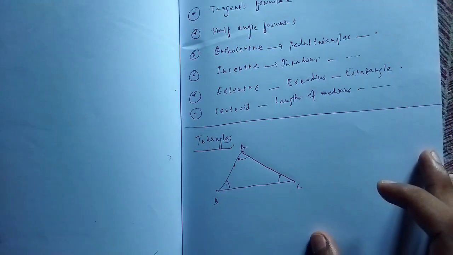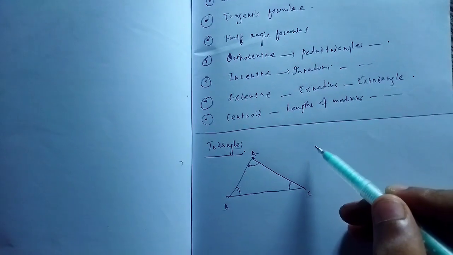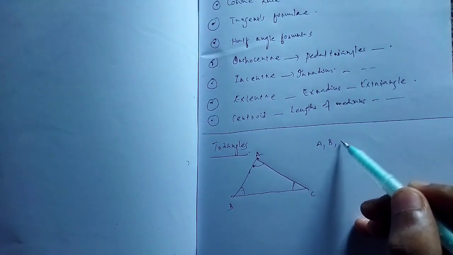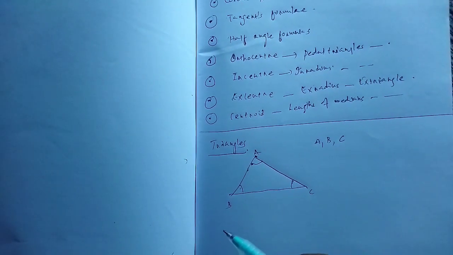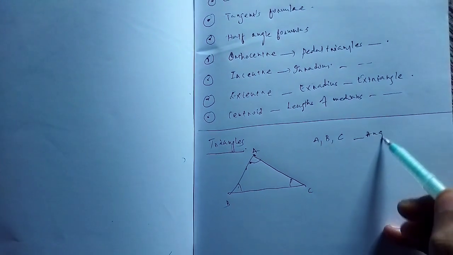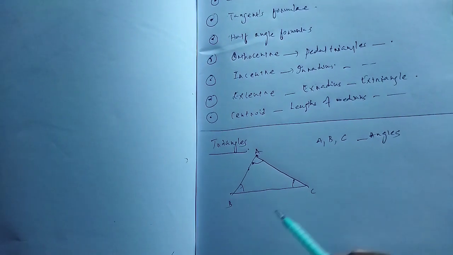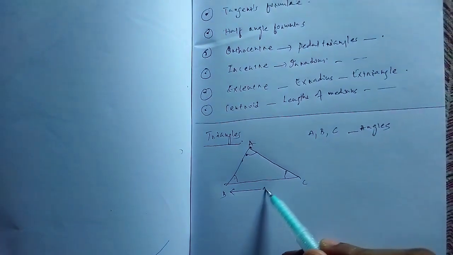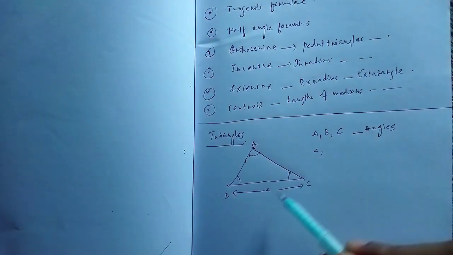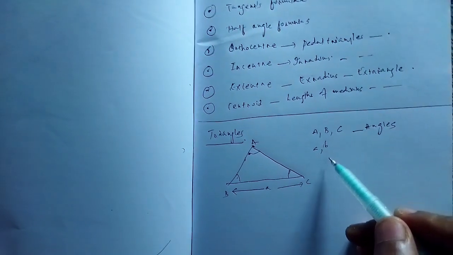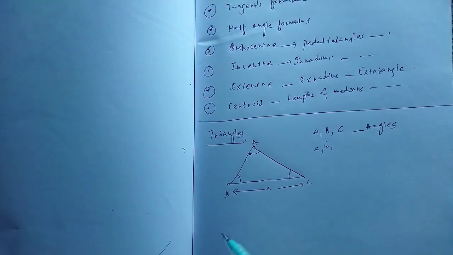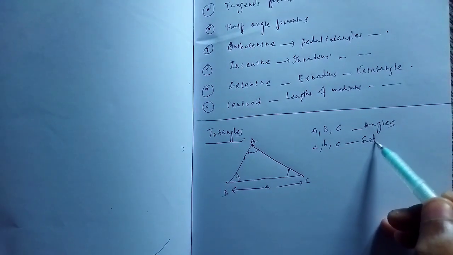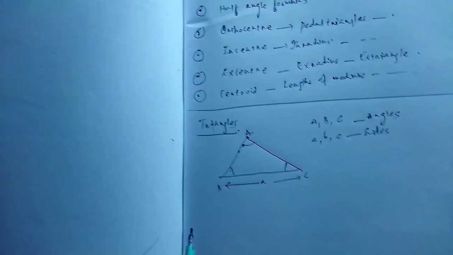So in general, those angles are denoted in capital letters as capital A, B, C, and the side opposite to angle A is denoted as small a, and similarly the side opposite to angle B is small b and small c, sides of the triangle, right?